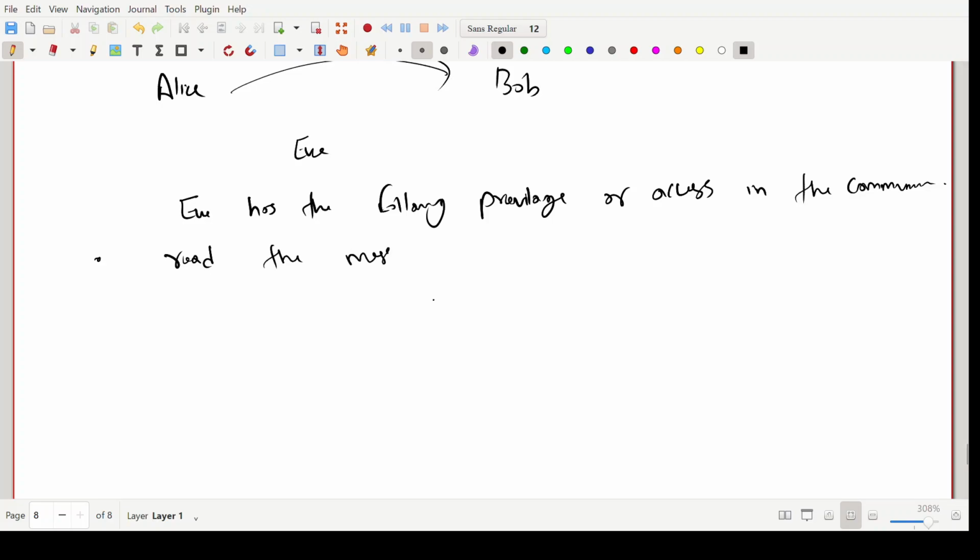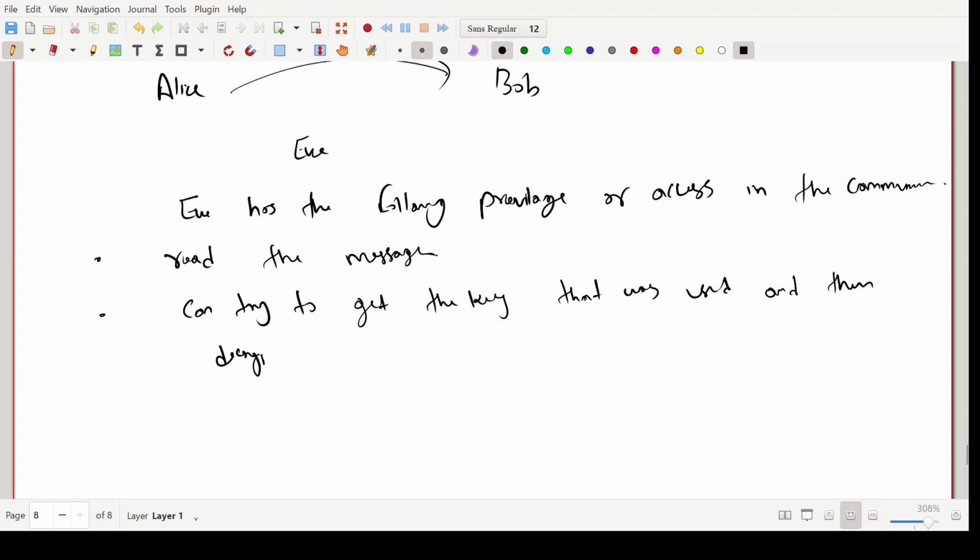He can read the messages which are going through the channel, and he can try to get the key that was used, and then decrypt all the encrypted messages.